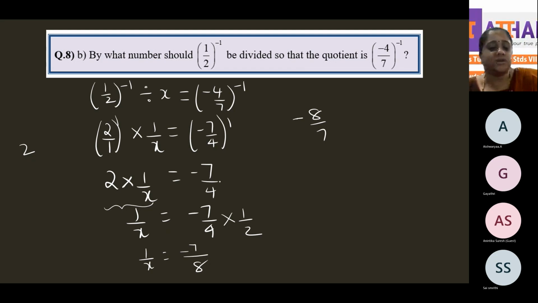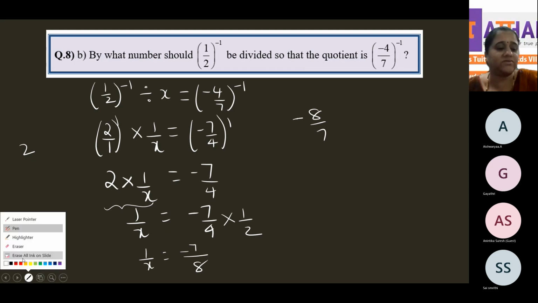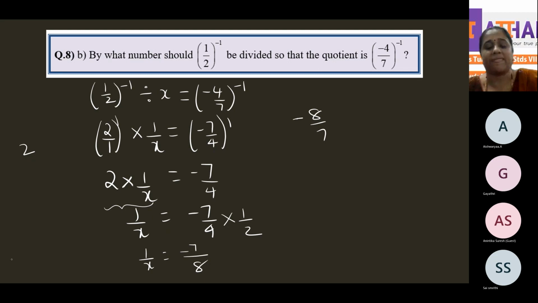See, children, you cannot take the reciprocal in this case. See here, I'll tell you. Now, supposing we have 1 by 2 plus 3 by 4 is equal to 1 by x.